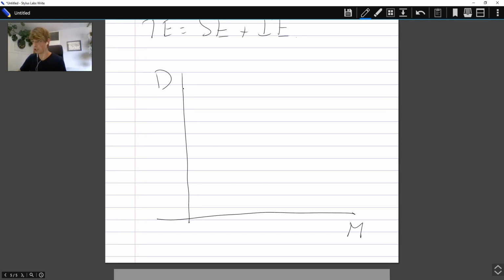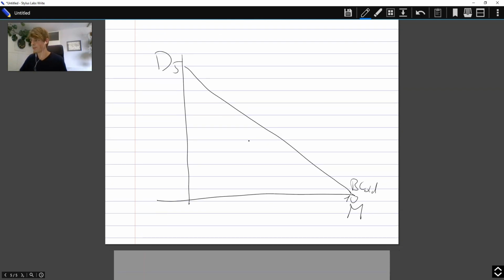So the initial situation runs like this. So this is the initial budget constraint. And then we found the optimal consumption bundle over here.